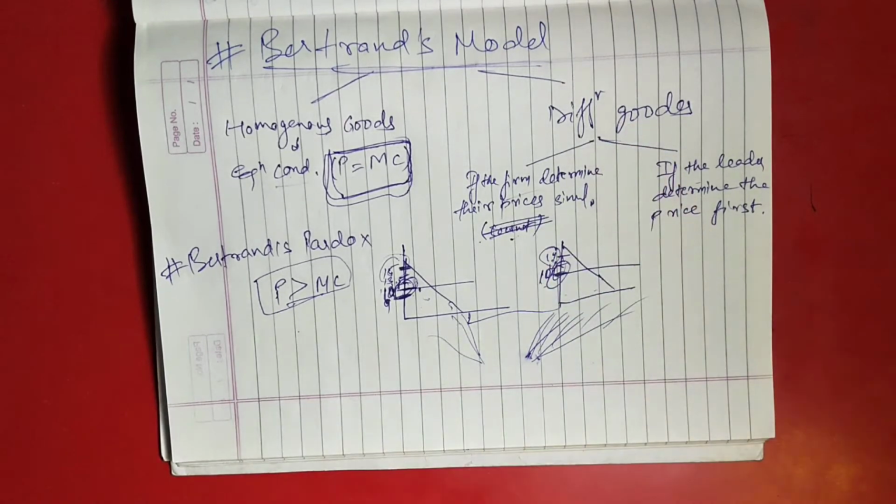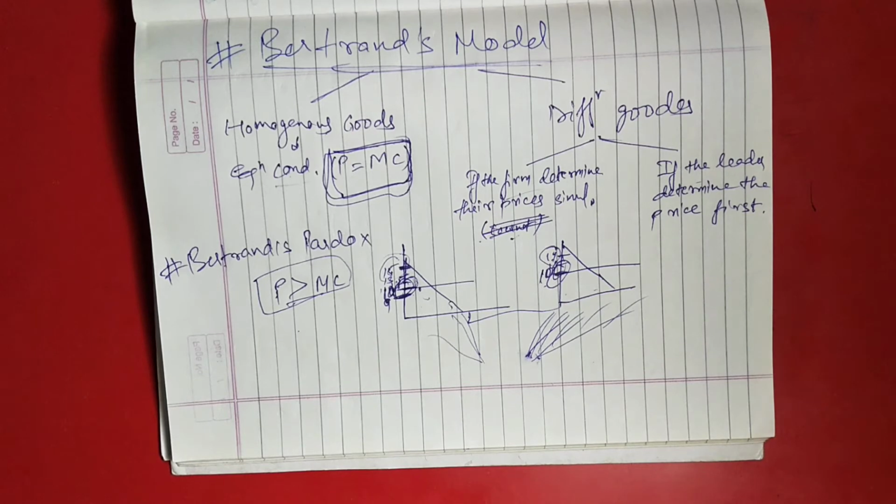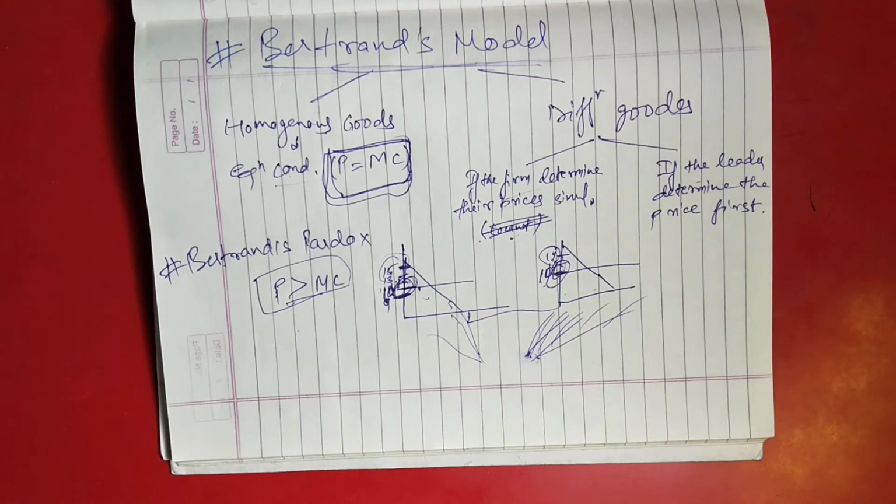So okay, when the firm produces differentiated products, so this was the case of homogeneous, now we come to differentiated. When the firm produces differentiated products, then equilibrium price can be determined by the intersection of reaction curves, right guys? I have already told you what a reaction curve was, and it can be in terms of anything. Earlier we took it in terms of Q, now we will take it in terms of P. Reaction curves represent the profit maximizing price charged by a firm for a given price charged by another firm.